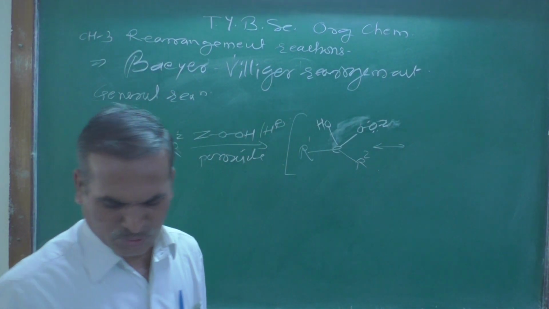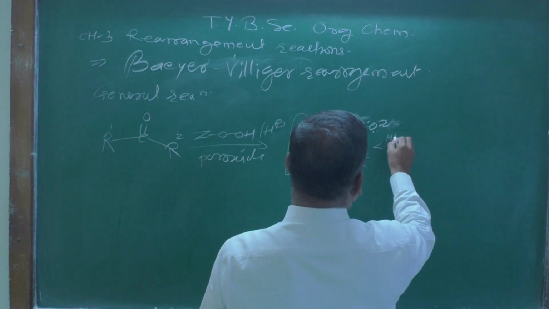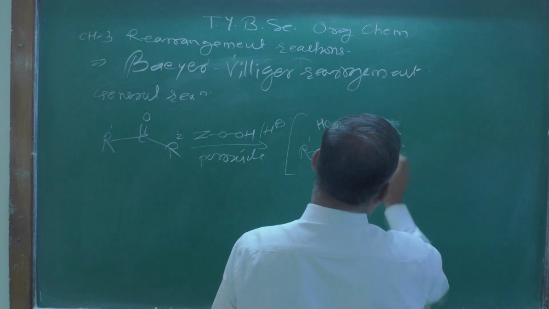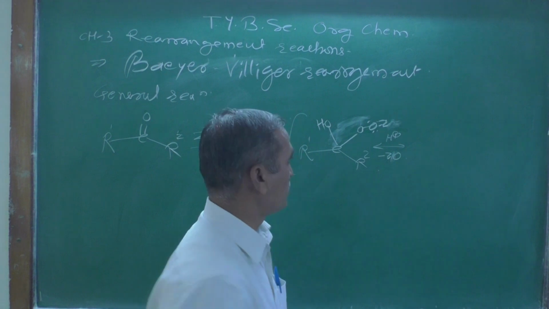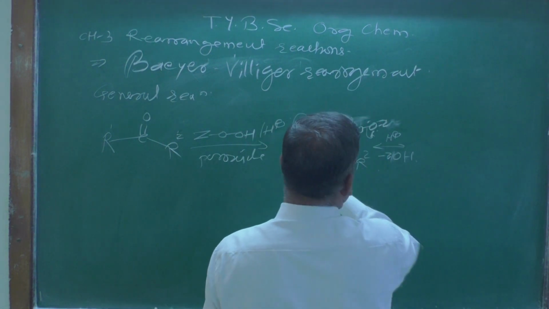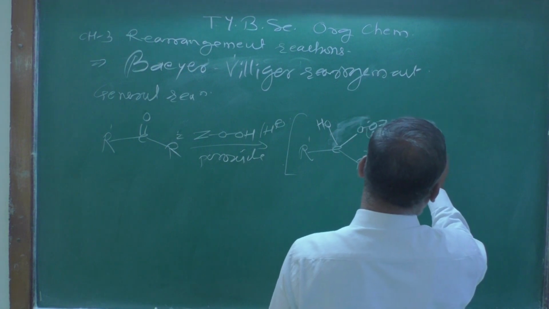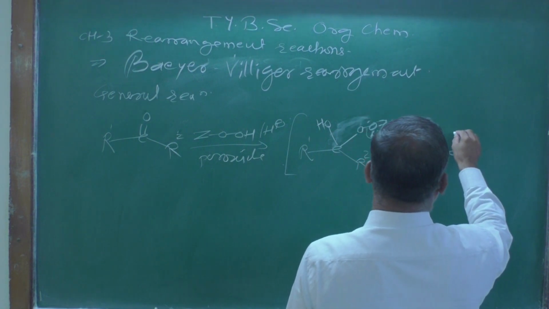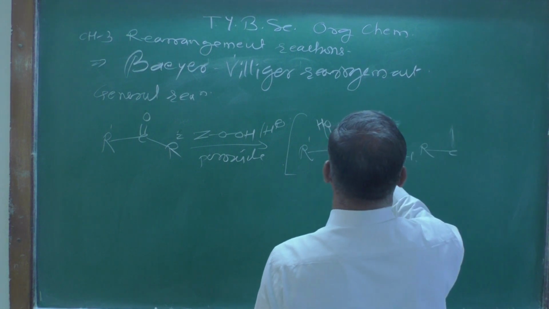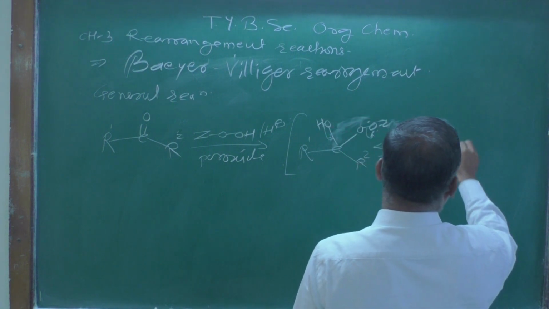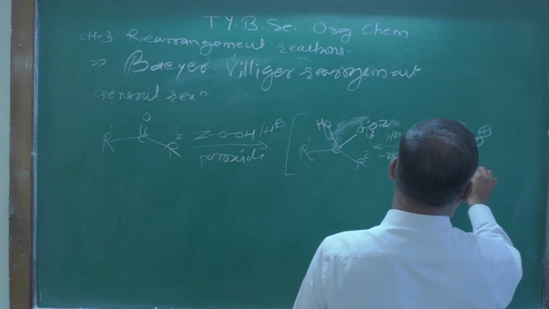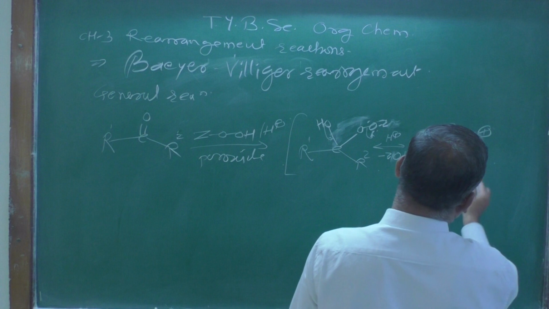We can show the resonating structure over here. With H plus, there is loss of ZOH, and you get R, C, double bond O, with O positive charge, and R1 and R2.